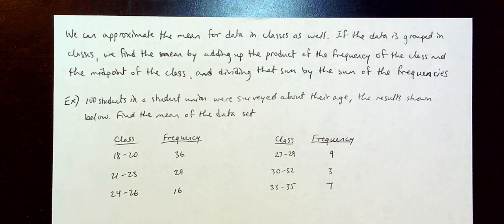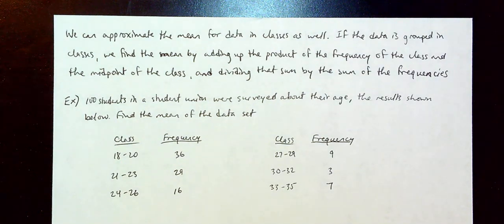You're going to take the midpoint of that class and multiply it by the frequency that's associated with that class. You're going to do that for each class and frequency pair. Take those products, you add all of them up, and then you're going to divide that sum by the sum of the frequencies that you had.